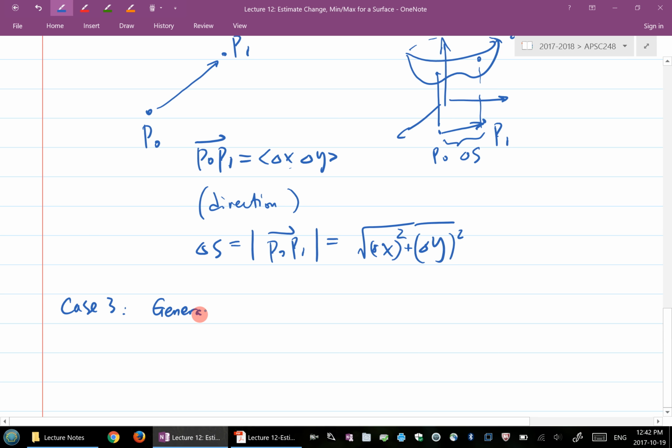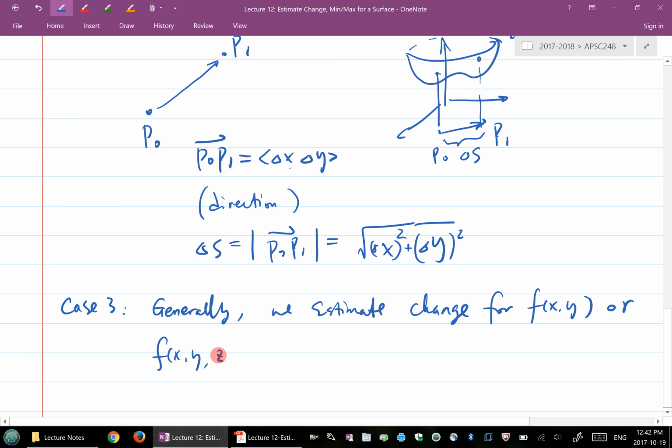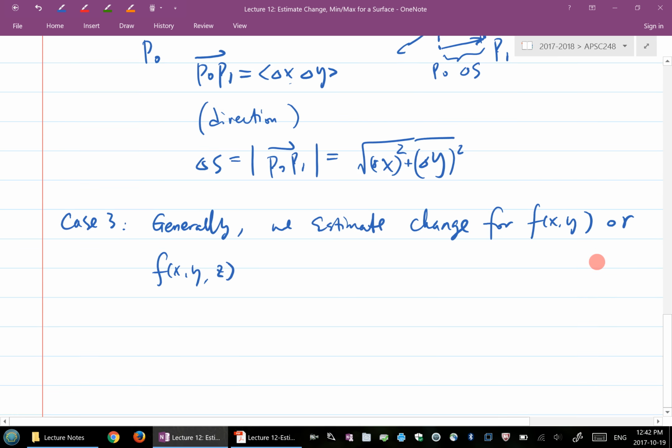So generally, we estimate change for, let's say, a function f of x, y, or even more variables. We will really stop at 3 variables, but you can absolutely extend to more than 3 variables. So let's say we estimate change for this function f.